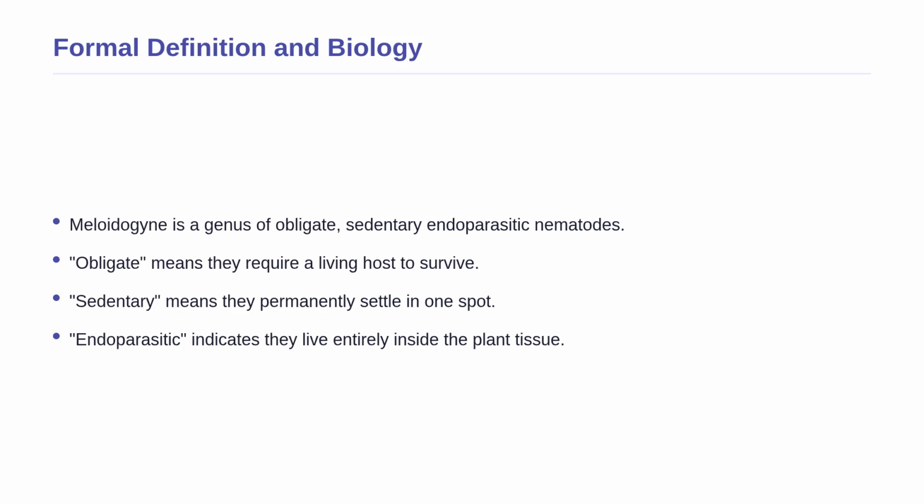They cannot survive on dead organic matter. Second, sedentary means that once they enter the root tissue, they stop moving. They permanently settle down in one specific spot inside the plant. Finally, endoparasitic tells us that their feeding and reproduction happen entirely inside the host's tissue, hidden away from the outside world.